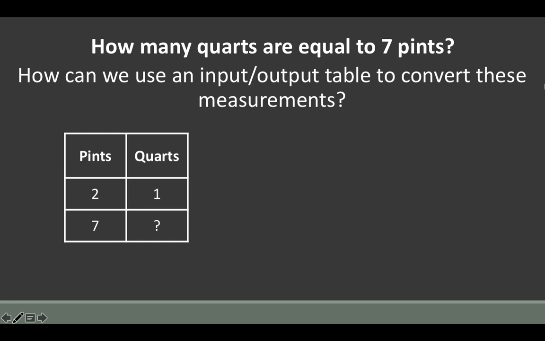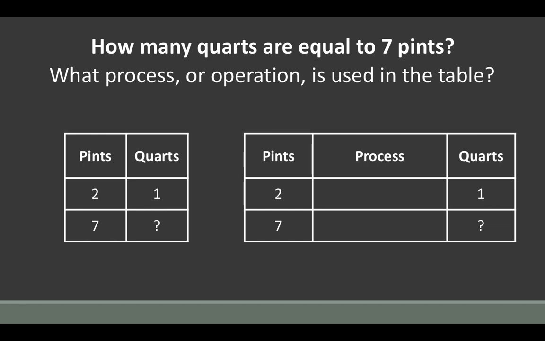So how can we use an input-output table to convert these measurements, just like we did before? We need to think about how many pints is equal to 1 quart, and in this case, they flipped it this time. Now we have the 1 quart on this side, because remember, input-output tables, your input always goes on the left, your output always goes to the right.